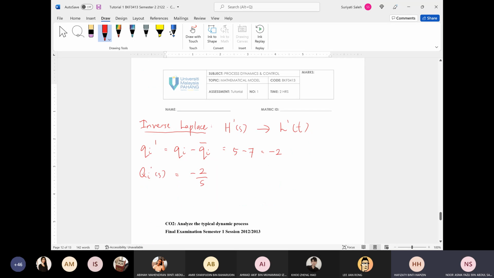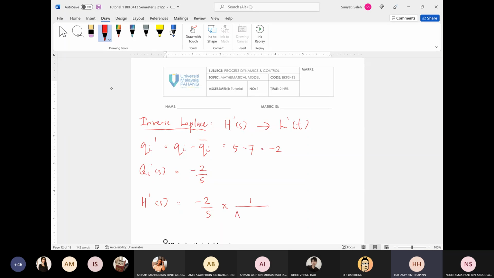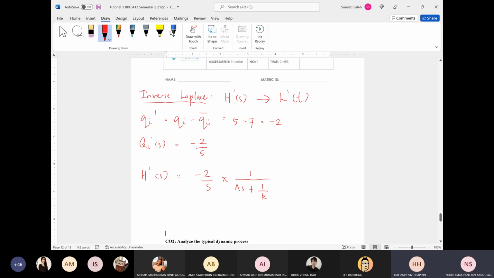So in this case, if we try to rearrange it, H prime S equal to negative 2 over S multiplied with 1 over (A s plus 1 over R). So we can see this one is almost there.